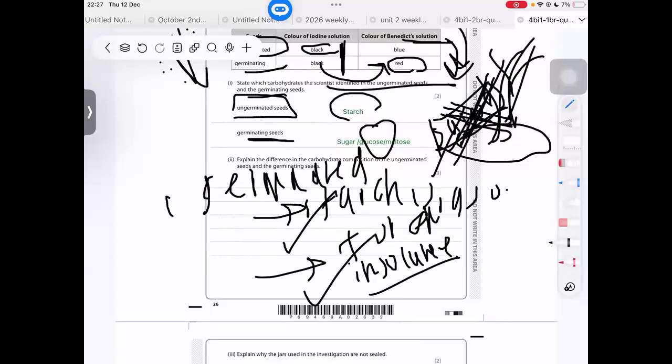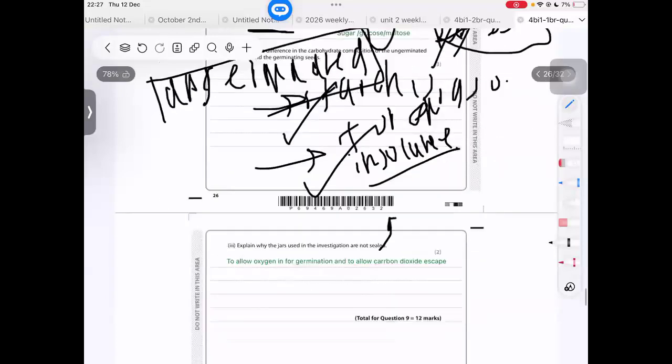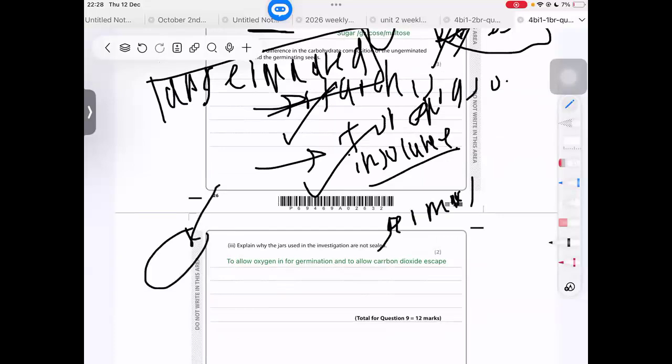Then germinated seeds, not ungerminated, germinated. In germinated seeds, you can mention that in germination, first water enters into the seed. When water enters, it will activate the enzymes present. So you can mention water activates the amylase or the enzymes.